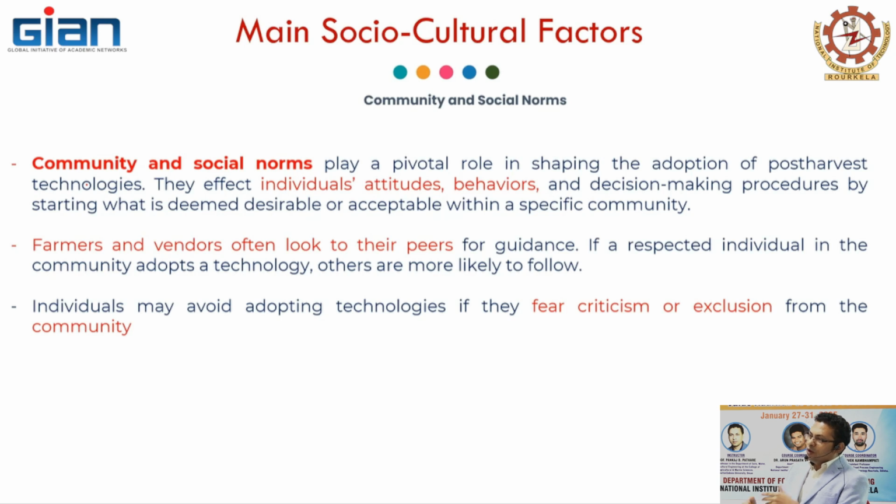Or when I accept a technology, for example, and the whole society is not ready to accept new change, but based on my awareness and information I know this technology is better for a particular crop, I am still taking a decision against the complete society. If I am successful, that's fine. If something goes wrong, I may get criticism, or sometimes at the farmer level, society may exclude you from their group and consider you an outsider.